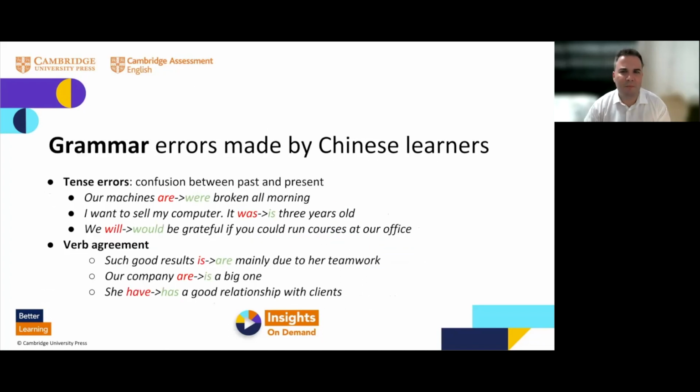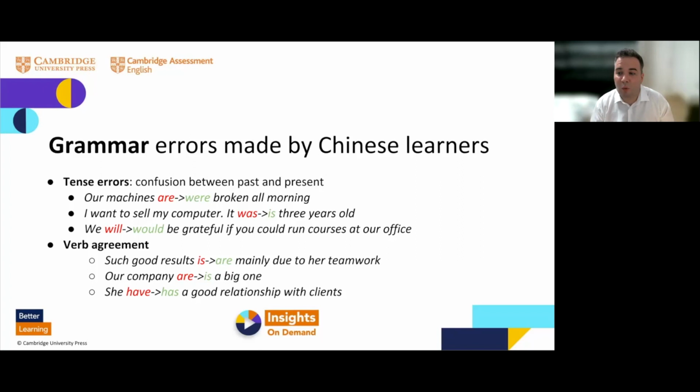A persistent problem is wrong verb tense. There are many varieties of this error, but it may be overuse of the present tense where past tense is required. For example, confusing "is" versus "was", or it may be the use of the wrong modal verb.